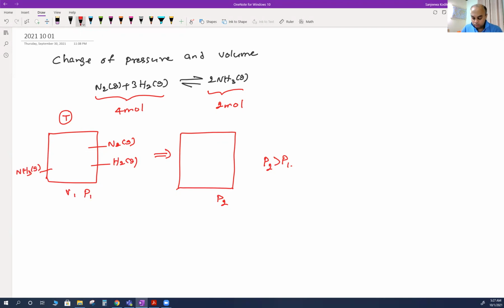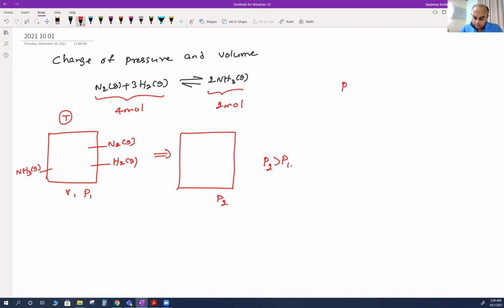So now the system pressure has been increased, without changing the volume. For the total system and the total number of moles inside it, the pressure has been increased. We don't know how the pressure is increased; let's say it is increased by any means.